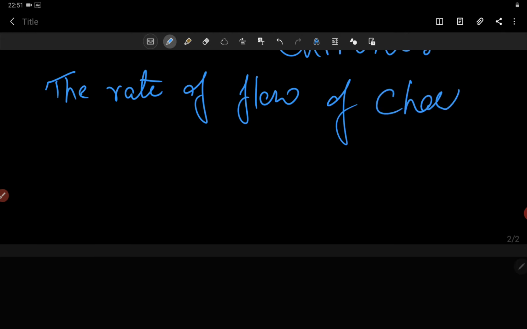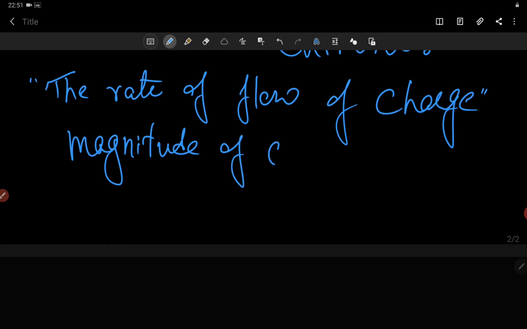It is the rate of flow of charge which gives us the magnitude of current. Rate of flow of charge is known as the magnitude of current, both are the same.